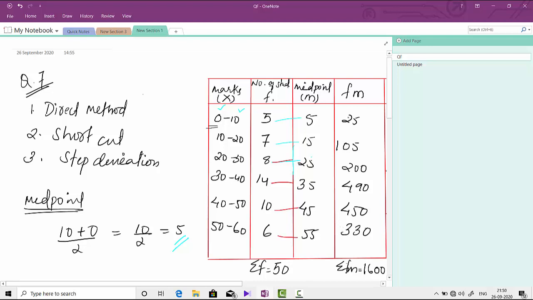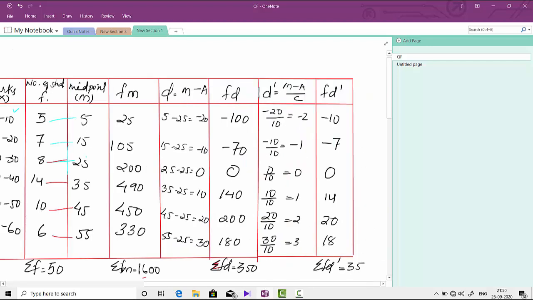Once you get all the values of fm, you have to add them up, and then you can write it down here as sigma fm, that is the sum of all the fm. So if you add up all this, how much will you get?